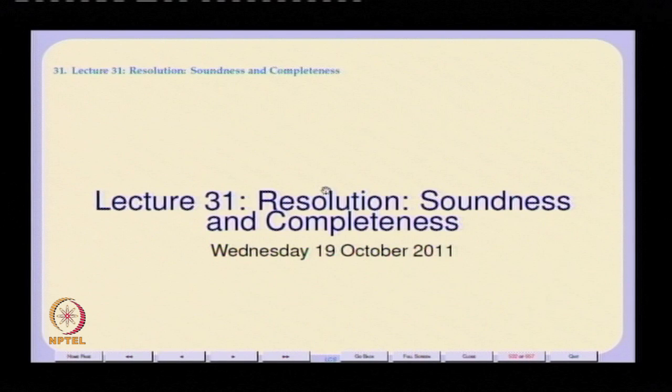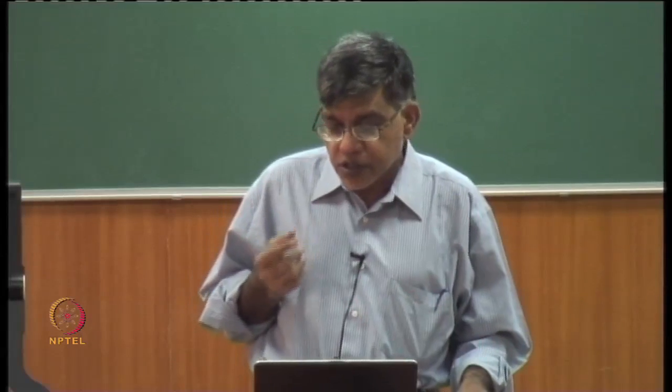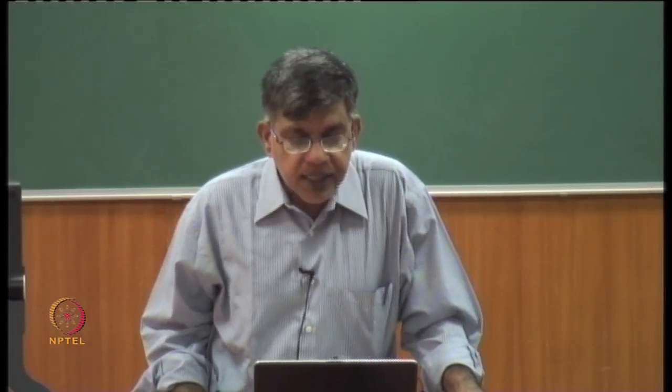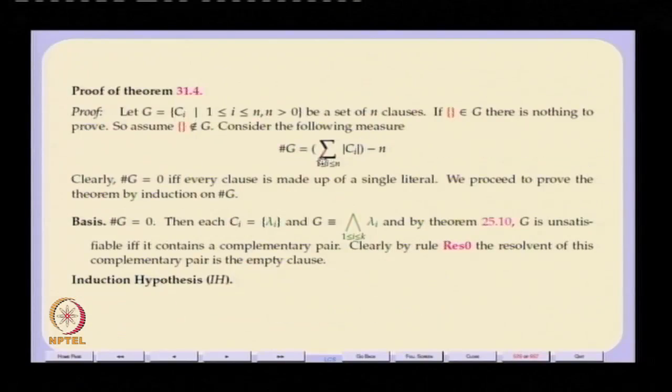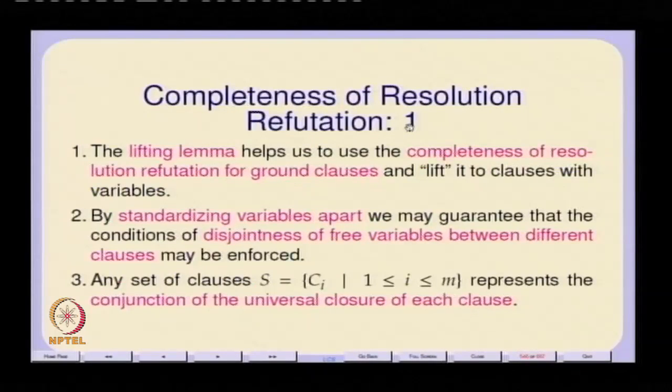We also proved the soundness and completeness of resolution. What we showed in particular was that resolution was refutation complete. Which means it is not necessarily clear that you might be able to derive all logical consequences, but what is definitely true is that you can always refute the negation of a logical consequence and prove it. So, in that sense resolution was refutation complete.